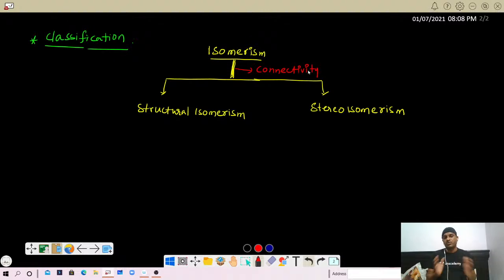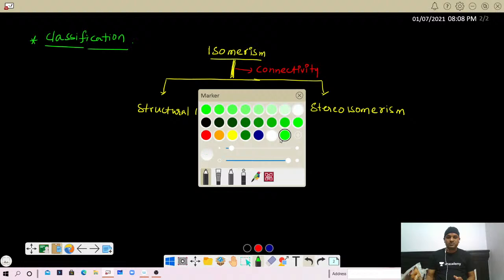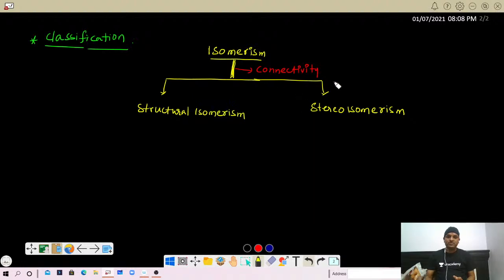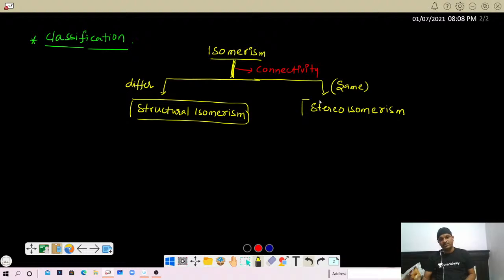Based on whether connectivity is the same or different, we divide isomers into two types: structural isomerism and stereoisomerism.